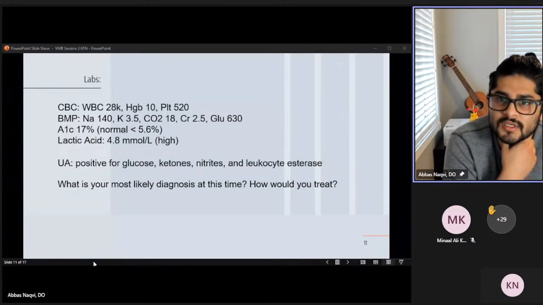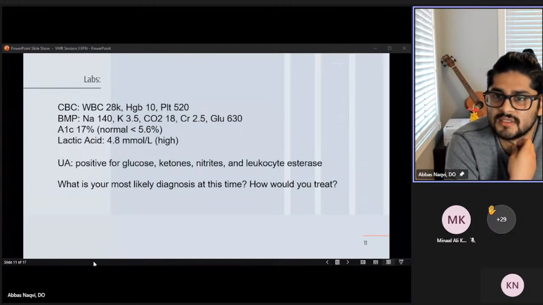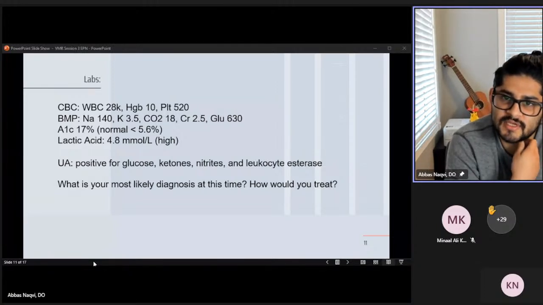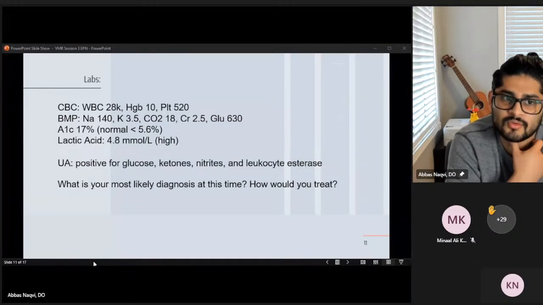BMP: sodium 140, potassium 3.5, bicarb 18, creatinine 2.5, glucose 630, A1C 17%, lactic acid 4.8. UA is positive for glucose, ketones, nitrites, and leukocyte esterase. So what are your thoughts?